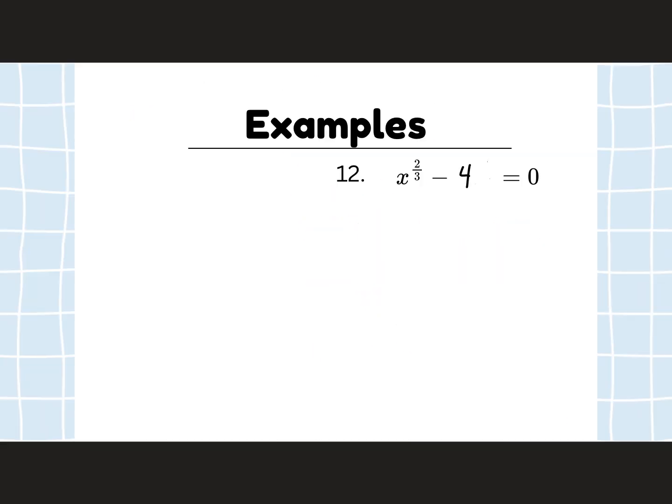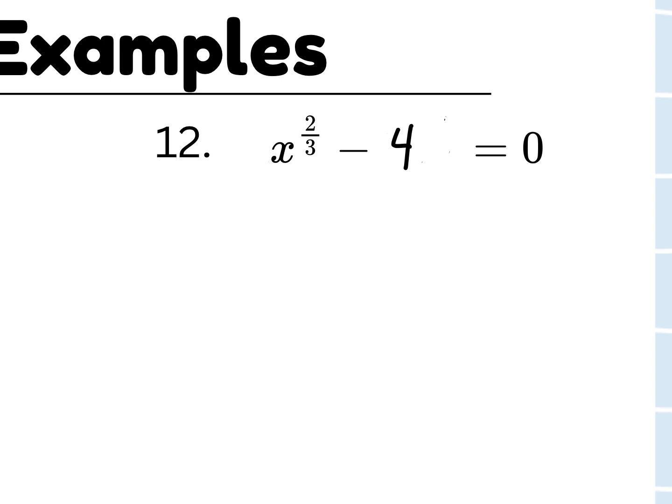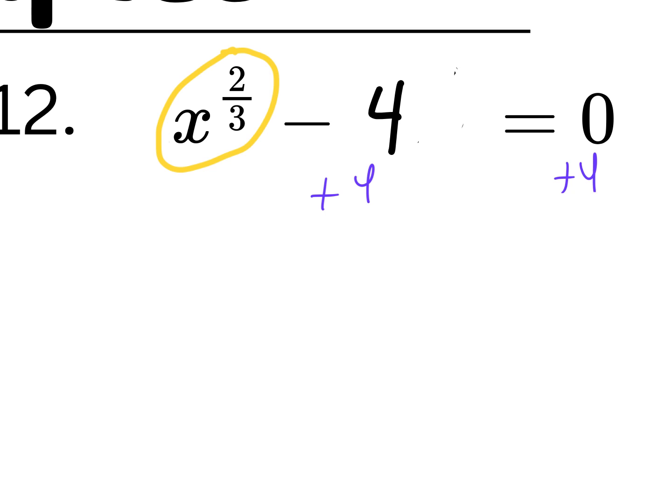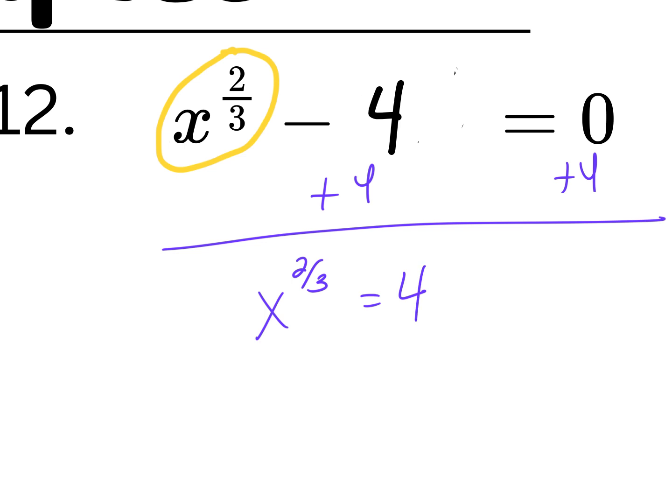Let's look at this one. Change it a little bit. What do we notice about this one? How many variables do you see? Just one. So I'm going to circle it, and I want to get that variable all by itself. So how would I do that? Add 4. Perfect. So x to the 2/3 power equals what? 4.